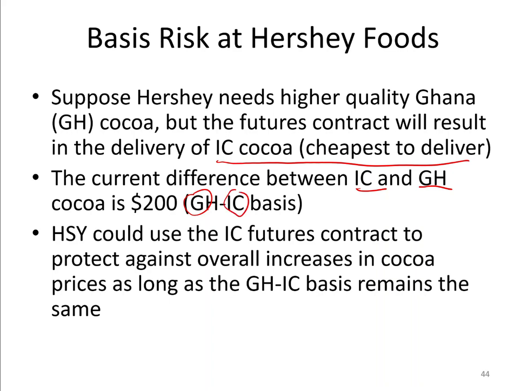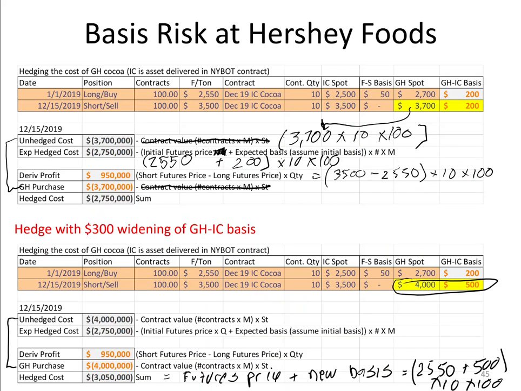Now, Hershey could still use the Ivory Coast futures contract to protect against overall increases in cocoa prices as long as the Ghana Ivory Coast basis remains the same. So let's do an example. Say Hershey goes long 100 contracts, 10 tons a contract, so that's 1,000 tons at $25.50 for December delivery.